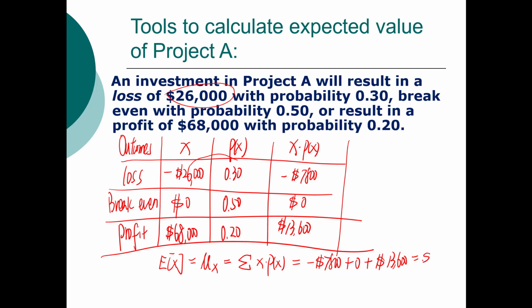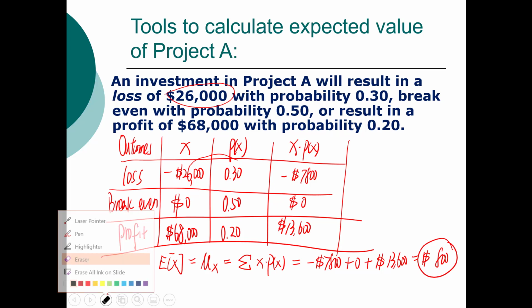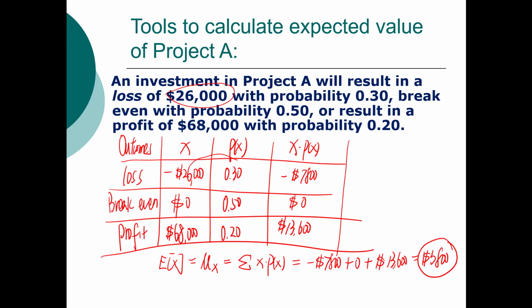That will turn out to be, no, actually, this answer is not 7,800. It should be 5,800. All right, so 13,600 minus 7,800, that's 5,800. So that means project A will give us an average return of $5,800.